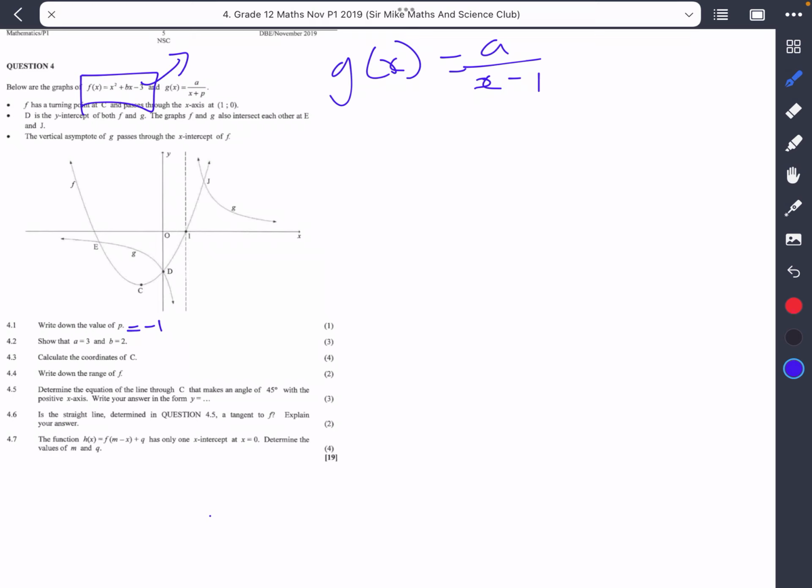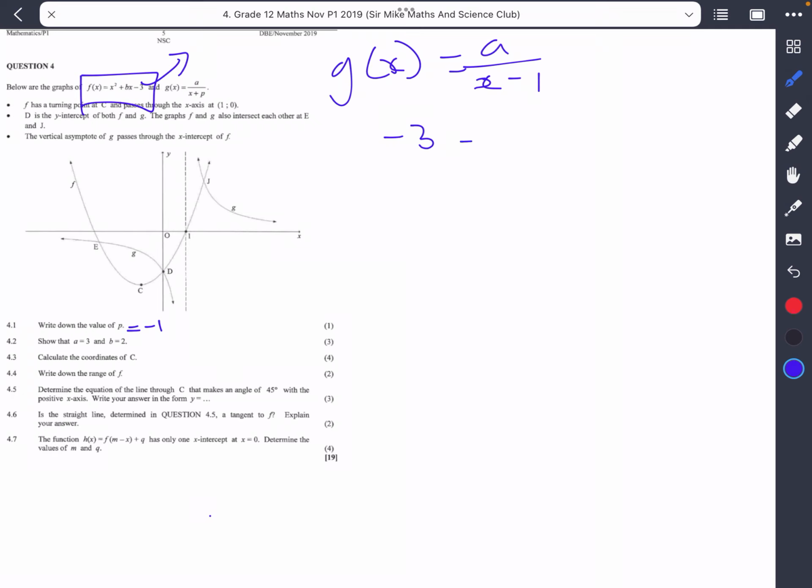Right, so I'm going to substitute that point D. We know that the x coordinate of D would be 0, and the y value is of course negative 3.